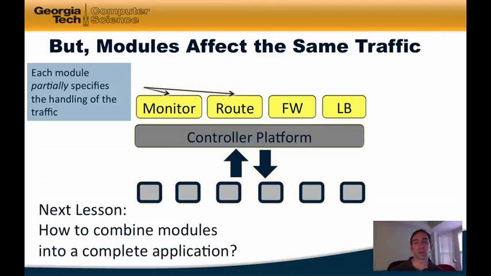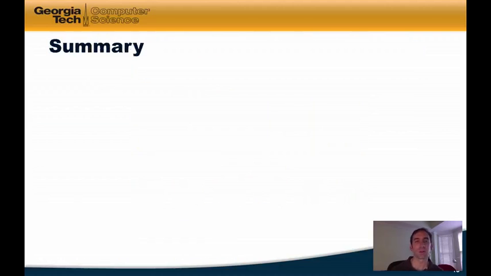For example, you might write a routing module that explicitly conflicts with a firewall or load balancing module. In the next lesson, we will talk about programming constructs that allow the programmer to combine modules into a complete application that seamlessly resolves these conflicts.